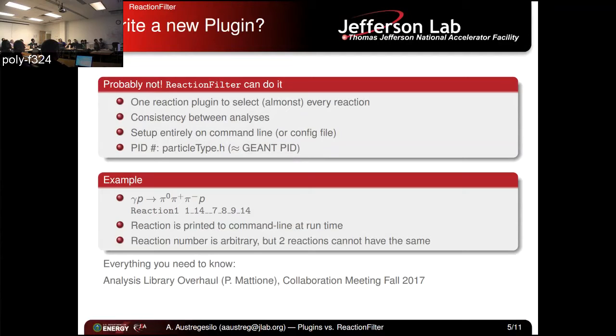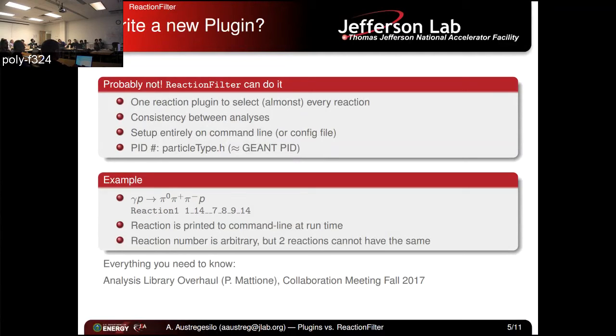Now, if you do that, you run reaction filter, and you have this line in your config file. This reaction will be printed in the command line in a more humanly readable format, so that you can check if all your numbers are correct. And then this number, reaction 1, is actually arbitrary. It's just that if you define more than one reaction, they shouldn't be the same.